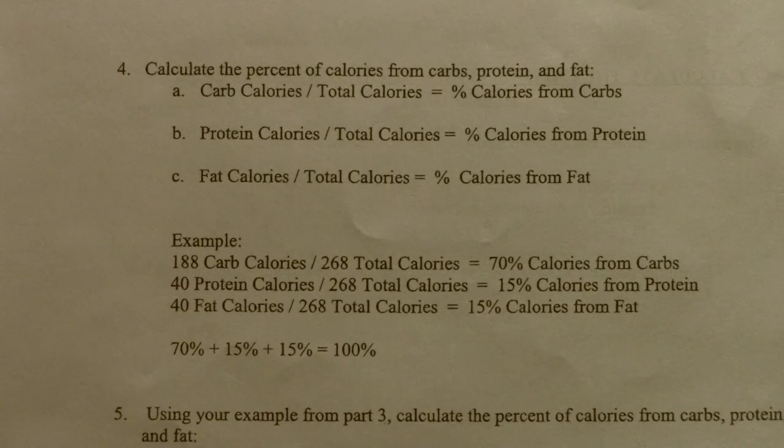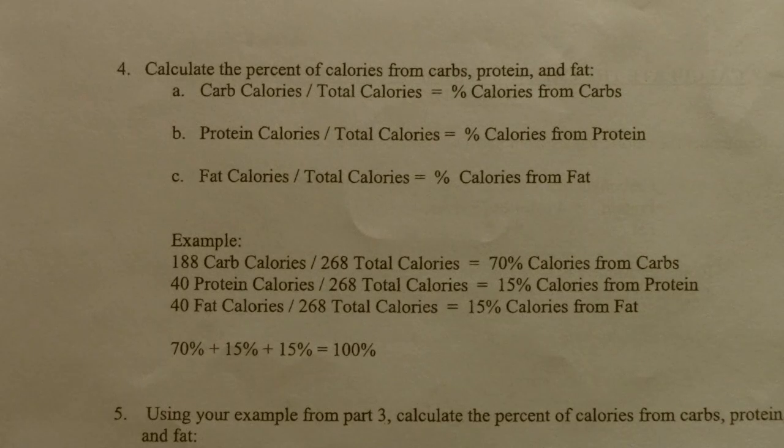We take our 40 protein calories divided by the same denominator, 268 total, and we get 15% calories coming from protein. And then the 40 calories from fat would again be another 15% from fat. And when we add up our 70 plus 15 plus 15, we get 100%. So this is a way to tell where the distribution is coming from for all of our calories.